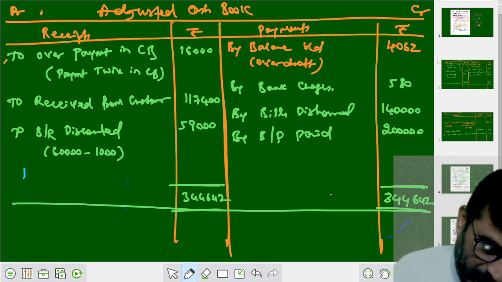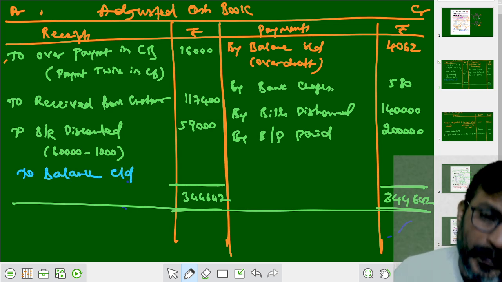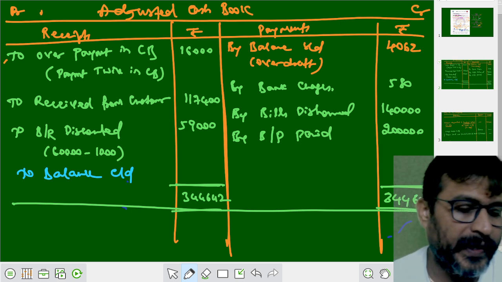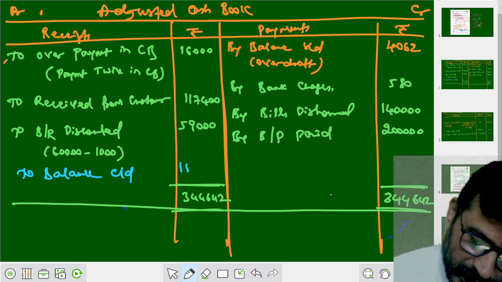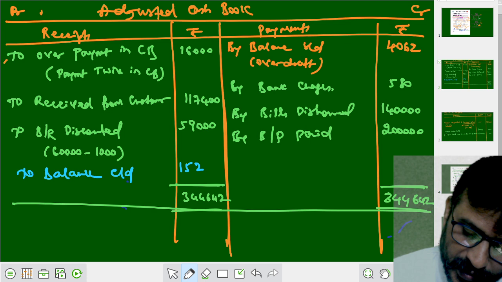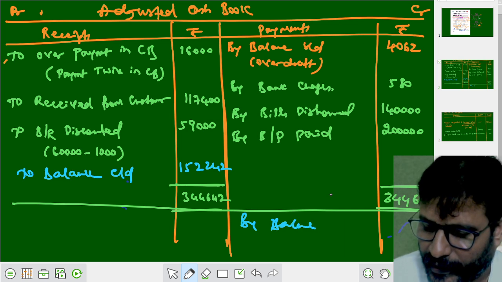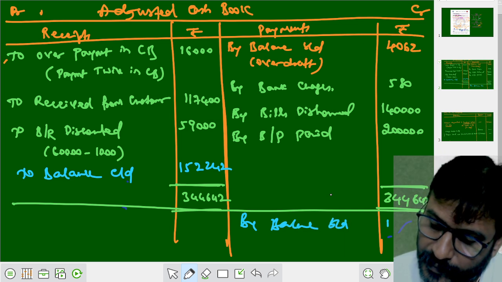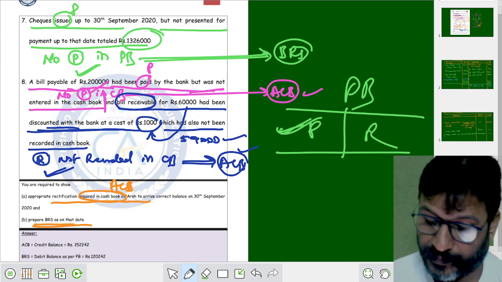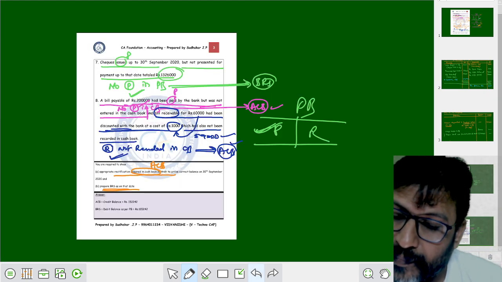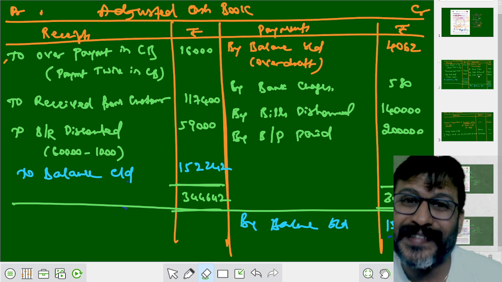Debit side is less by how much? The balance carried down comes to how much? It is 1,52,242. Then you write by balance brought down 1,52,242.